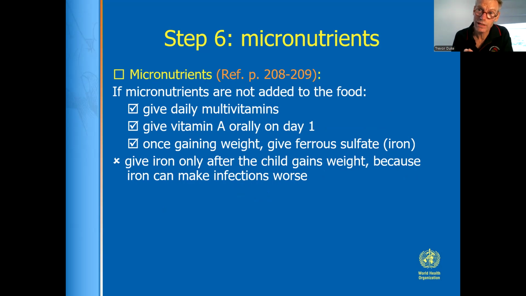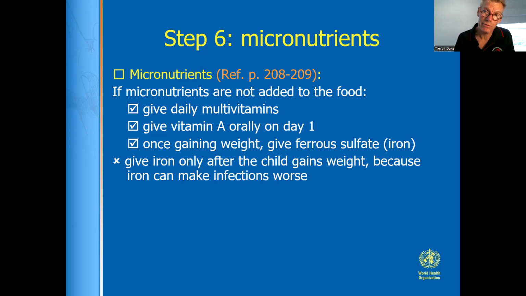And once gaining weight, you should start Kobe on iron, isn't it? So we knew that he was iron deficient because his hemoglobin was low, his MCV was low, and his red cell distribution width was high. Very likely he's got iron deficiency. The problem is if you start iron early, then that can sometimes make infections worse.